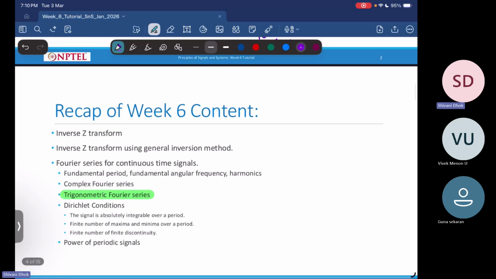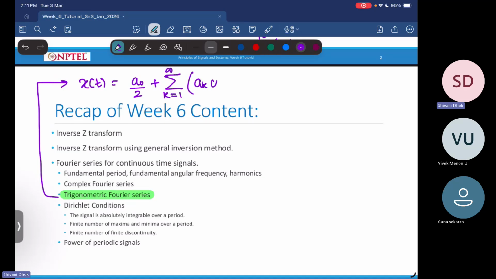This trigonometric Fourier series representation is given something like this. You can write your x of t as a naught by 2 plus summation k running from 1 to infinity, a k cos k omega naught t plus b k sine of k omega naught t.